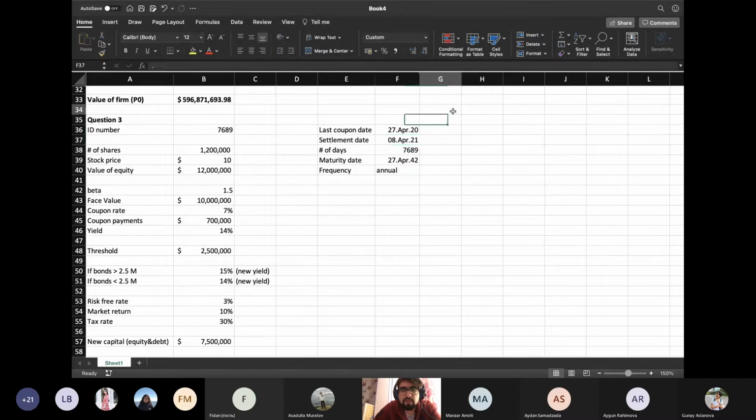Because in each year on 27 April until 2042 there will be coupon payments. So our settlement date is 8 April 2021. Therefore, we need to go back to 2020, 27 April 2020, last coupon date. This is the very recent coupon date.